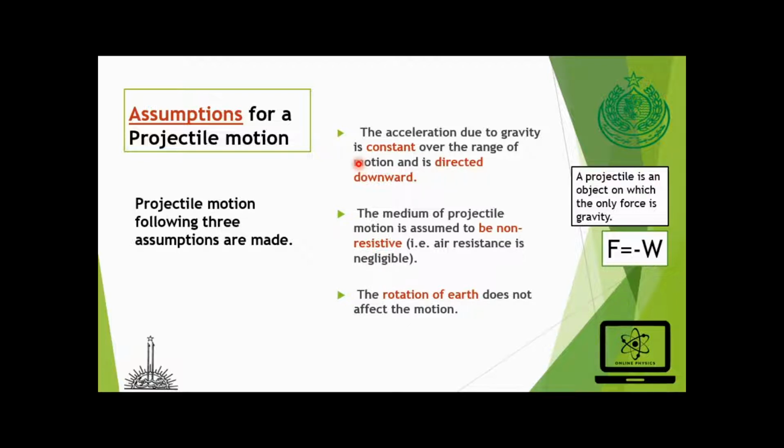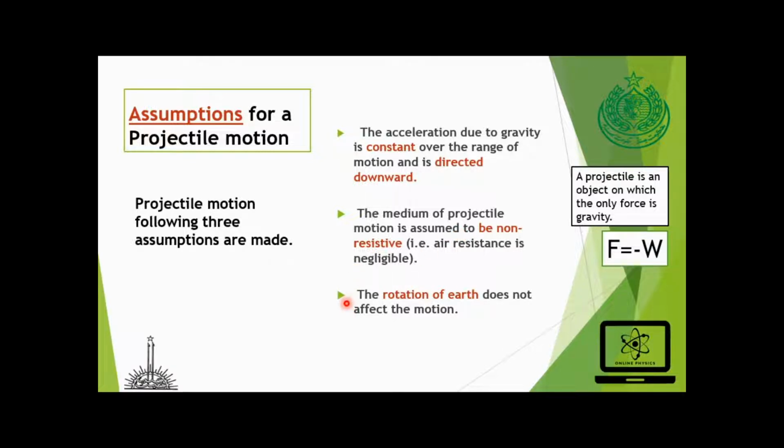So this is the first assumption for projectile motion. And the second one is that the medium of projectile motion is assumed to be non-resistive. For example, air resistance is neglected. We assume for now that we can neglect the effect of air resistance. This is our assumption. At the end, I will consider the effect of air resistance on projectile motion.